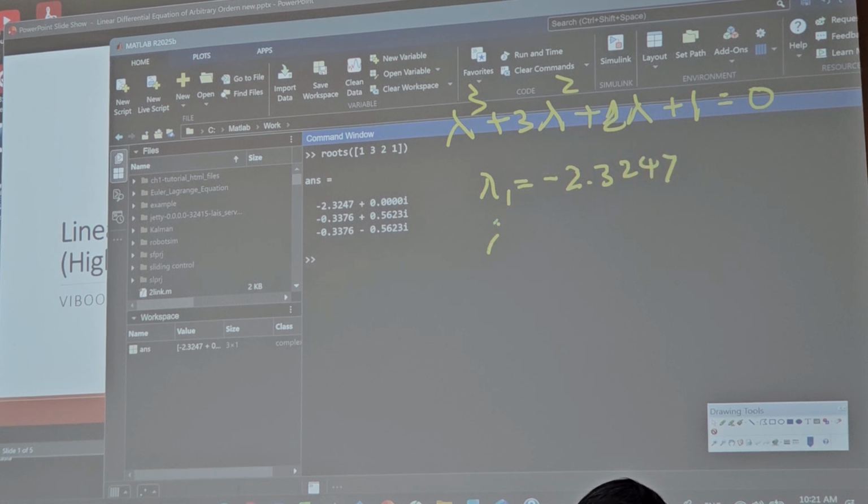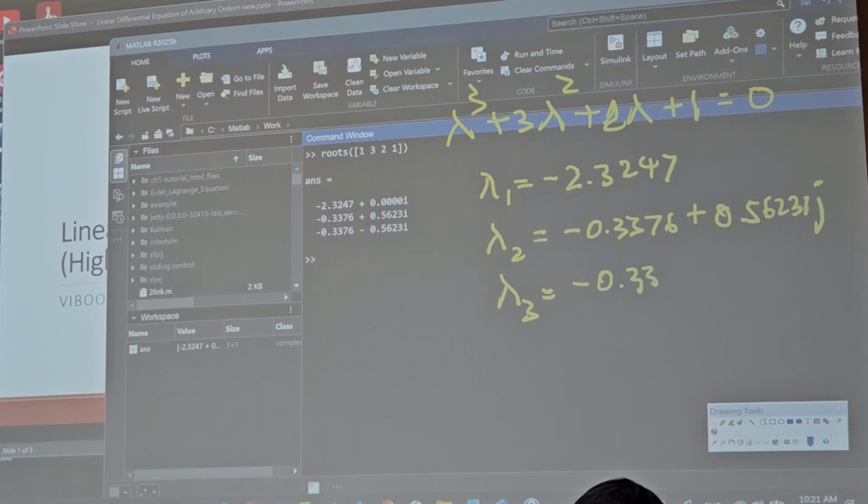Lambda 2 equal to minus 0.3376 plus 0.5623 j, and lambda 3 equal to minus 0.3376 minus 0.5623 j.